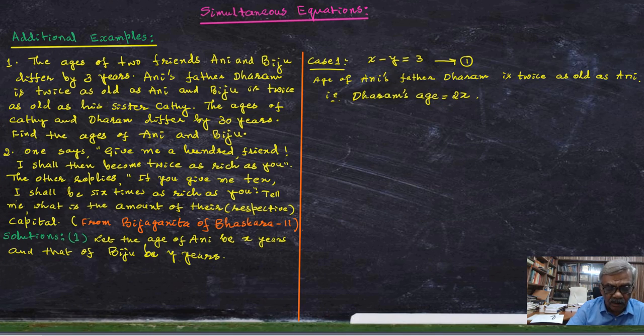Let the age of Ani be X years and that of Biju be Y years.